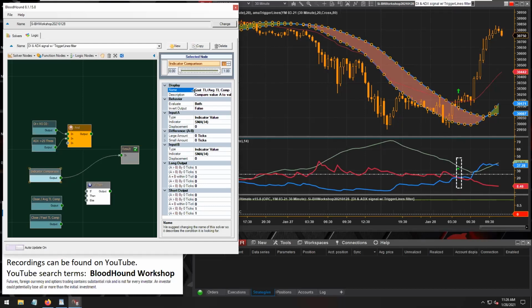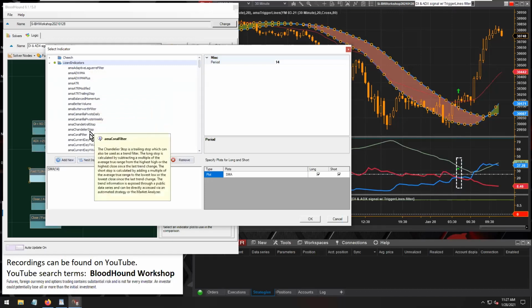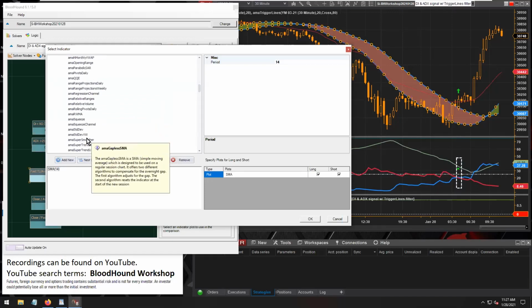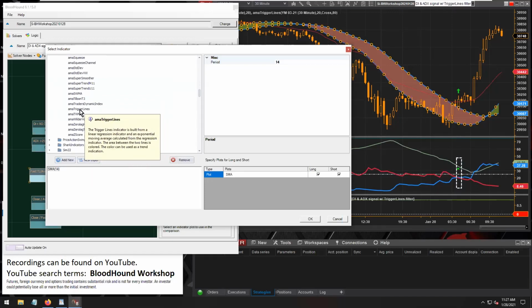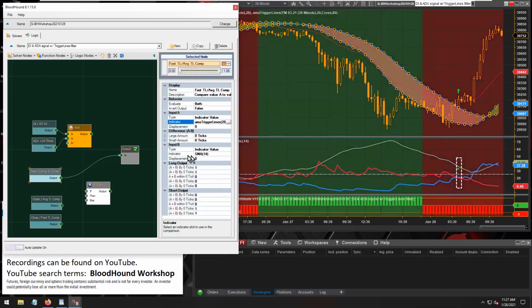All right, so we're comparing the fast trigger line to the average trigger line. So input A, that'll be our fast trigger line. So let's go into the lizard indicators and down to the trigger lines. There we go, trigger lines. And the faster line is selected for us already, call it good.